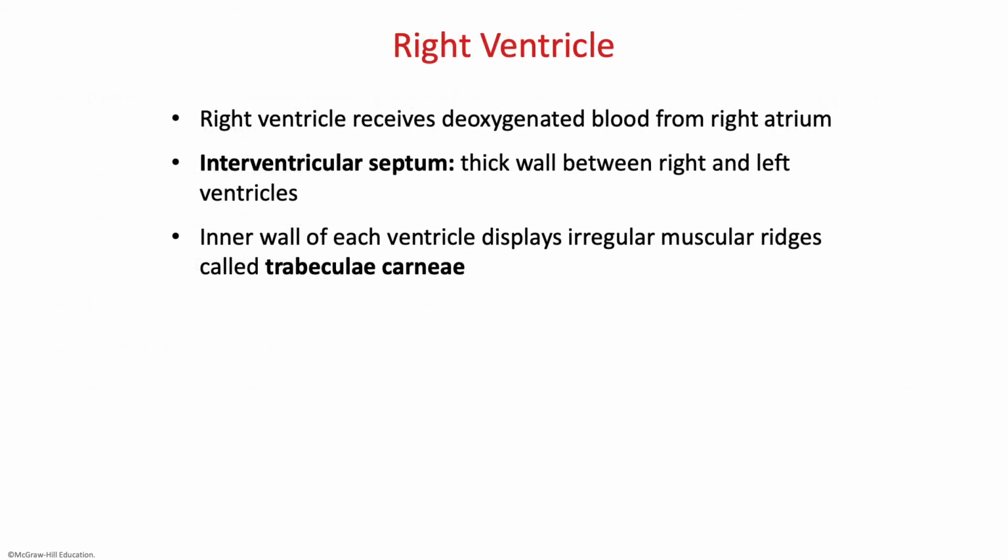The right ventricle receives deoxygenated blood from your right atrium. The interventricular septum is a thick wall between your right and left ventricles, and the inner wall of each ventricle displays irregular muscular ridges called trabeculae carneae.